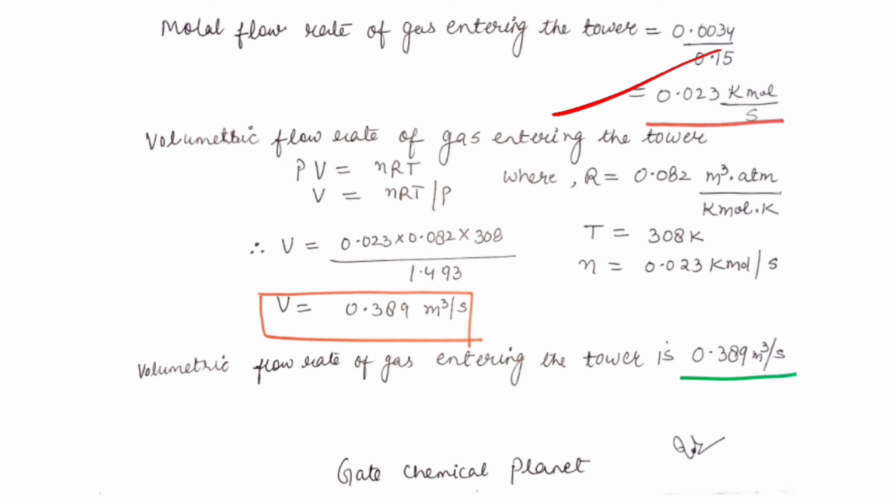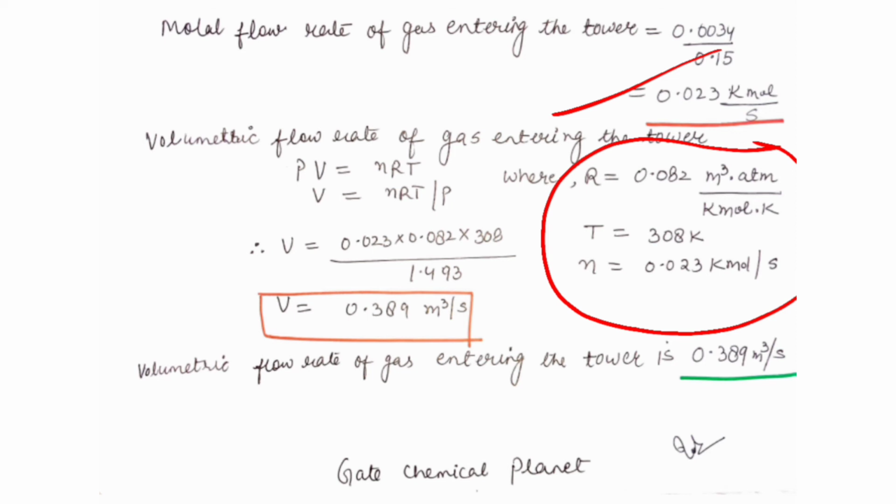So as we know that PV equals nRT, we can easily calculate the volume from here. Volume equals nRT by P, where R is equal to 0.082 meter cube atmosphere divided by kilomoles kelvins, and T is already given in kelvins, 308 kelvins, and n we have already calculated as the molar flow rate. n is the molar flow rate of gas entering the tower, and we have calculated it equal to 0.023 kilomoles per second.